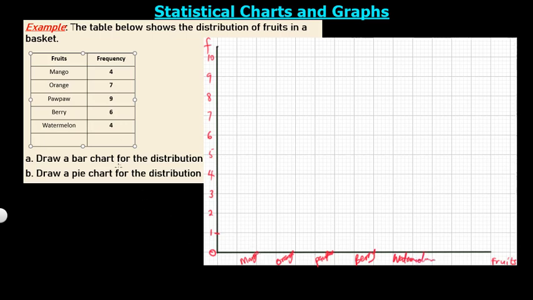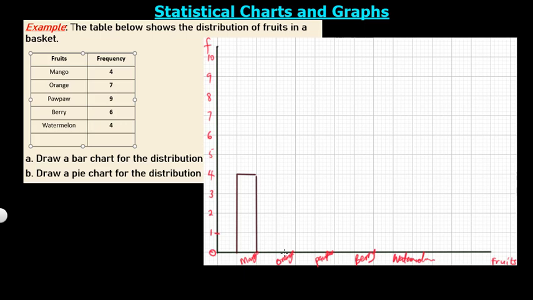So what we then need to do for each of these is to place the frequency of it. Mango has 4, that's the frequency of it, so we put it in rectangular form of equal size. So this is for mango.